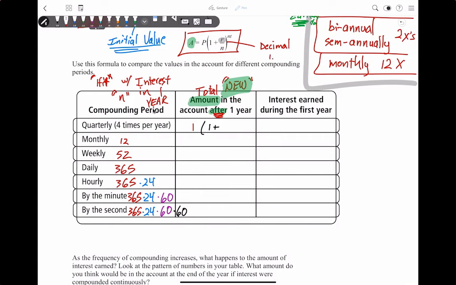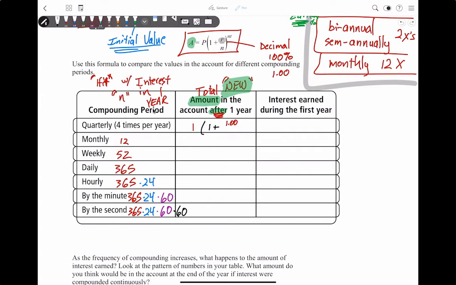So for 100%, we move the decimal 2 places to the left, and 100% becomes 1.00. So we'll put 1.00, and it's over how many times we got hit with interest this particular year.